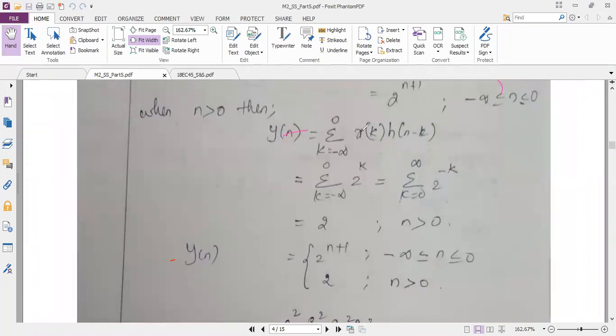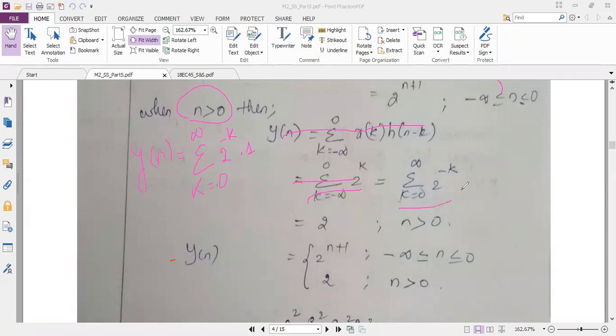So instead of writing minus infinity to 0 like this, directly when n is greater than 0, you can write y of n is equal to summation k equal to 0 to infinity, and now the x of k is 2 power minus k. I have shown you why it is minus, and it is multiplied with the impulse response h of n minus k, which is always 1.